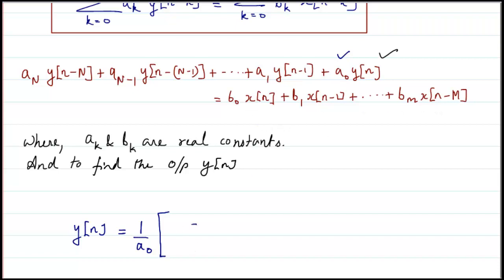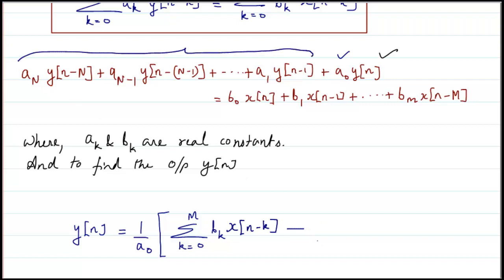So I will write summation k is equal to 0 to capital M bk x of n minus k, minus, now this whole remaining part of the equation, if I write it on the other side, summation k is equal to 1 to capital N, because 0 I have already taken, isn't it?